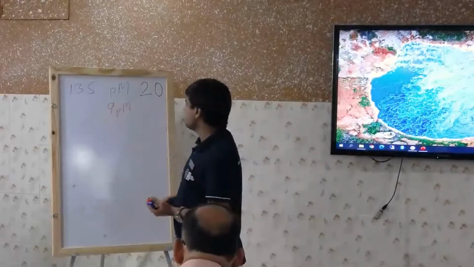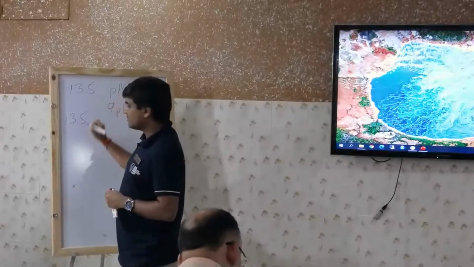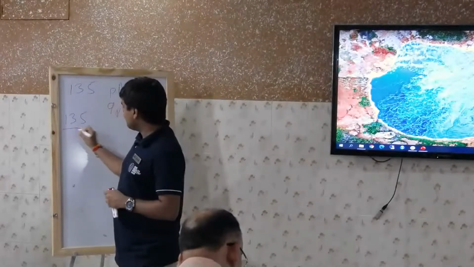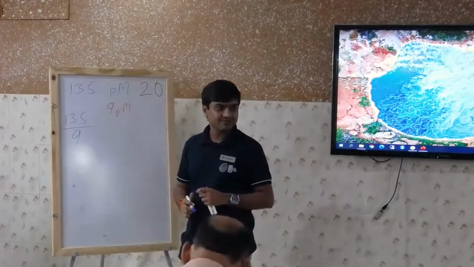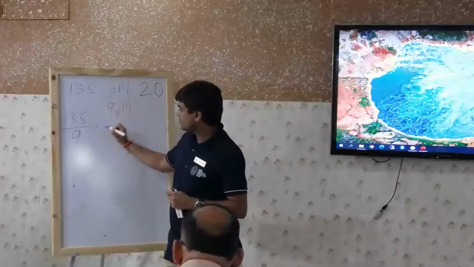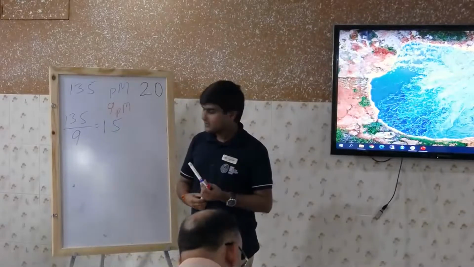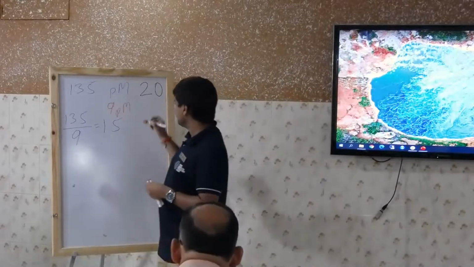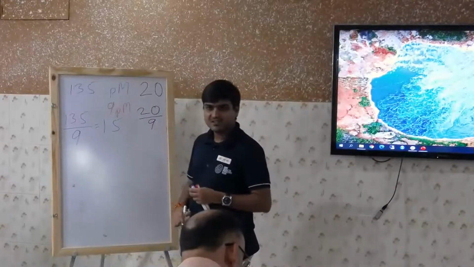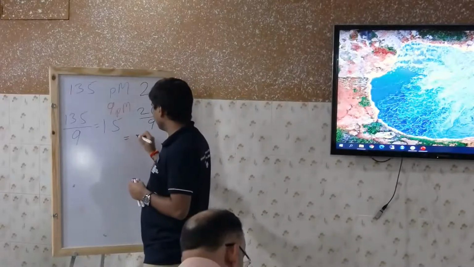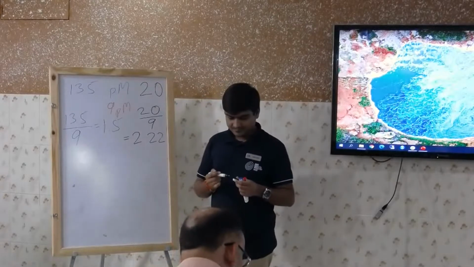So here what we will do is 13.5, that is our initial, divide by 9, that is our required. This will give me 1.5. Similarly here 20 divided by 9. This will give me something around 2.2.